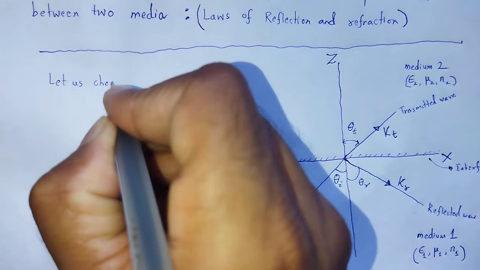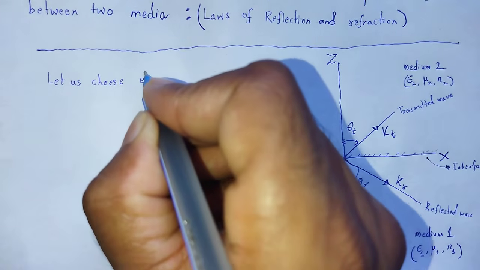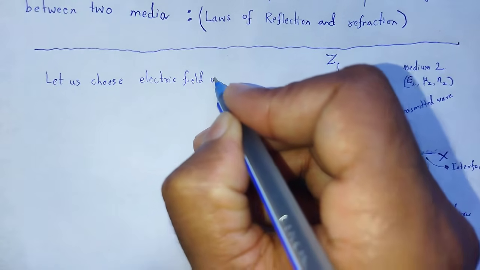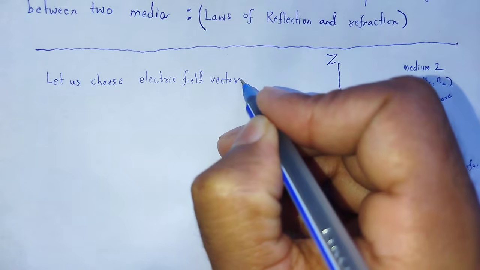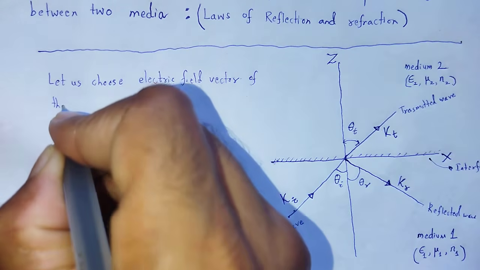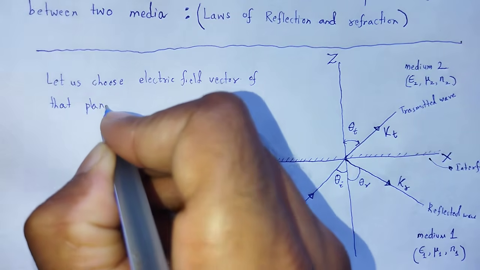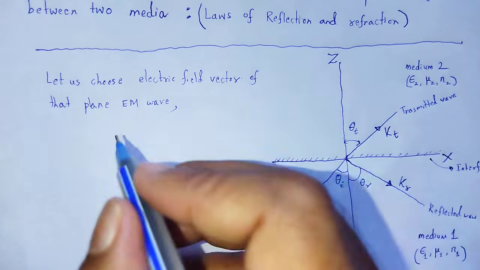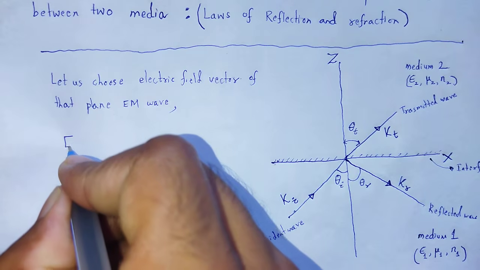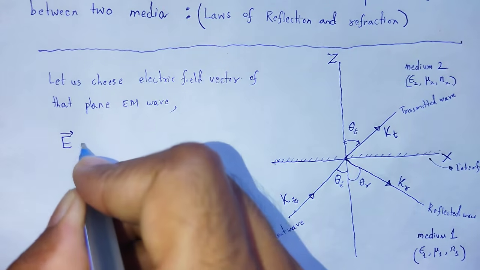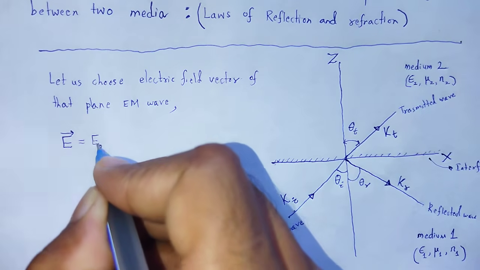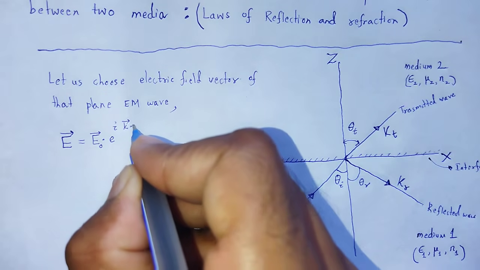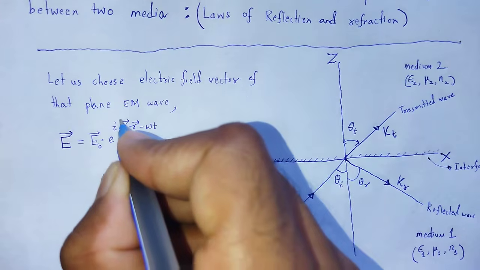Let us choose the electric field vector of that plane electromagnetic wave, and that electric field vector is given as E vector is equal to E naught vector into e to the power i (k dot r minus omega t).